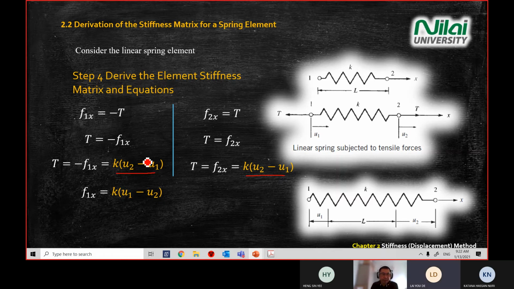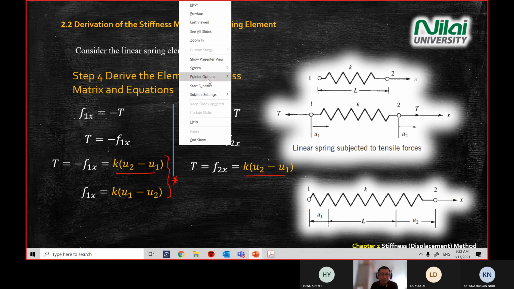Yes, okay. These are the areas where students will make mistakes in the exam, because they forget about the negative and then continue to do the calculation. Then the whole calculation at the back will be wrong.